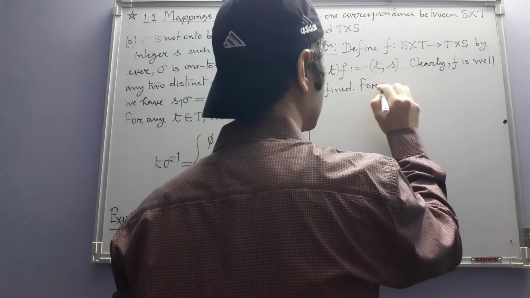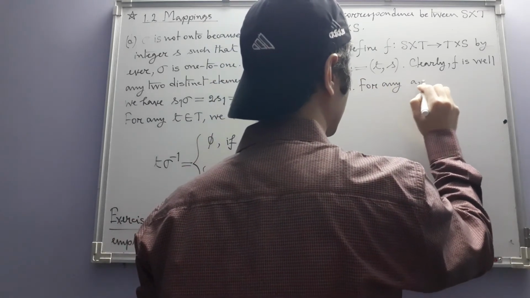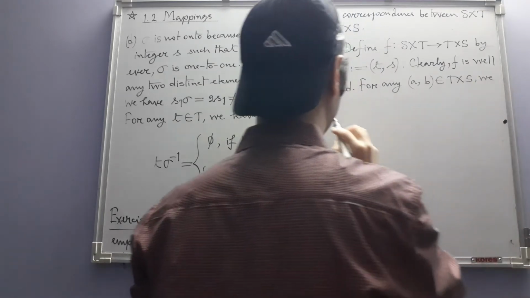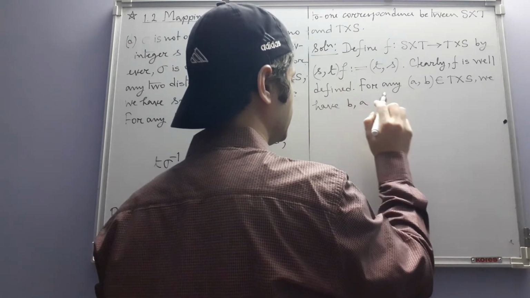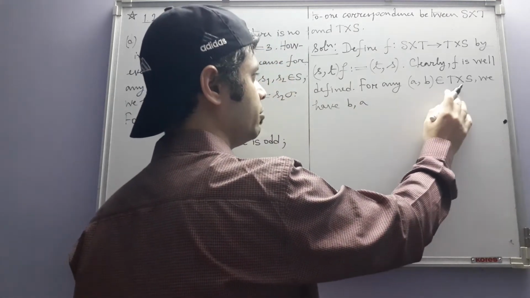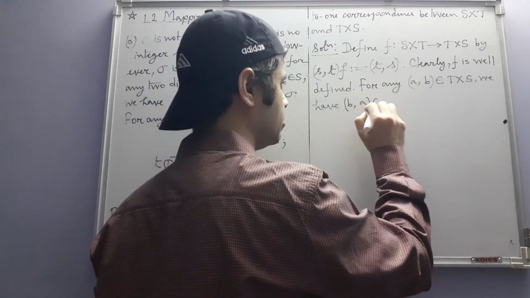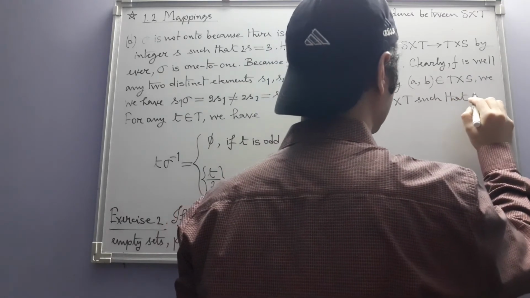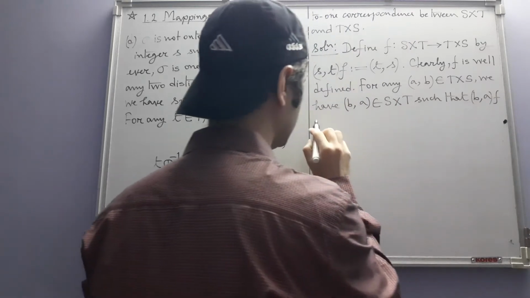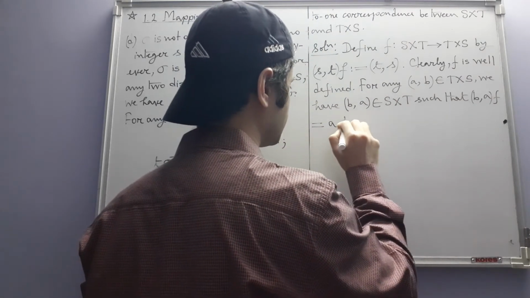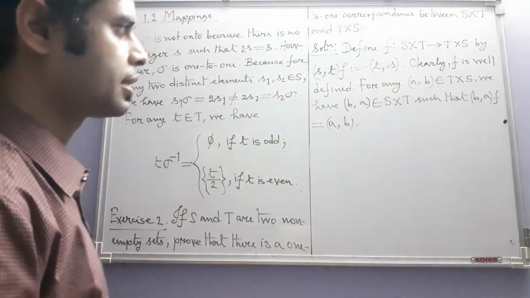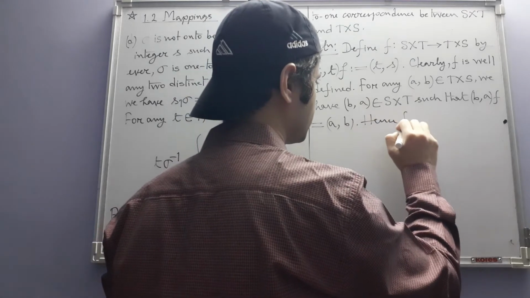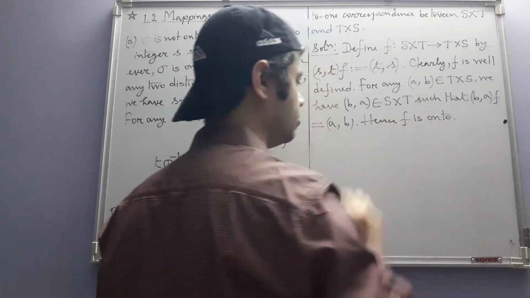For any A comma B belonging to T cross S, we have B comma A. If A comma B belongs to T cross S, that means A belongs to T and B belongs to S. So B comma A will belong to S cross T, such that f of B comma A is equal to A comma B. So we have realized this element in the second set as the image of some element in the first set. Hence, f is onto.